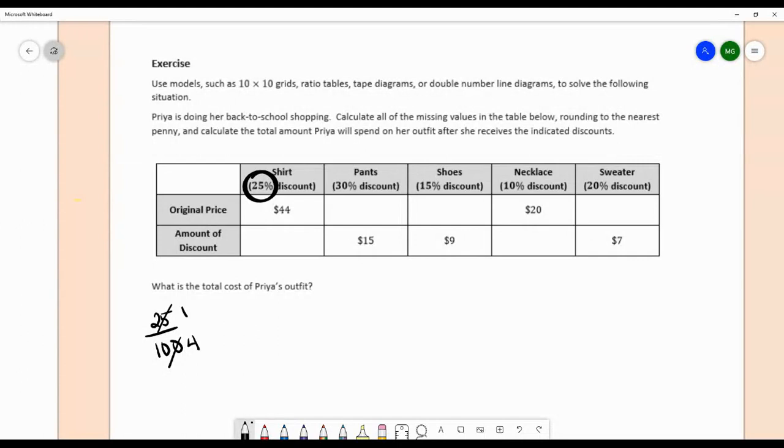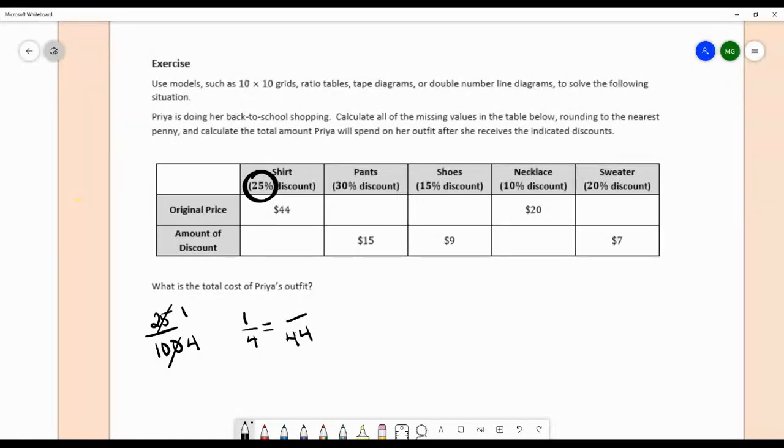So I'm going to use 1/4. And our total, oops, there's where my 44 goes, guys. My total right here is the 44. So 1 out of 4, here's my total for my percentage, and here's my total for the cost.